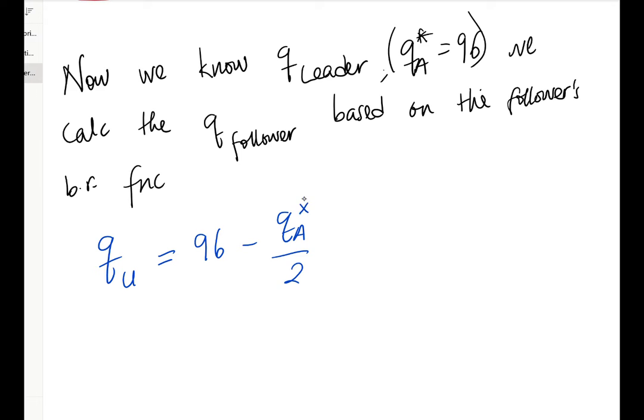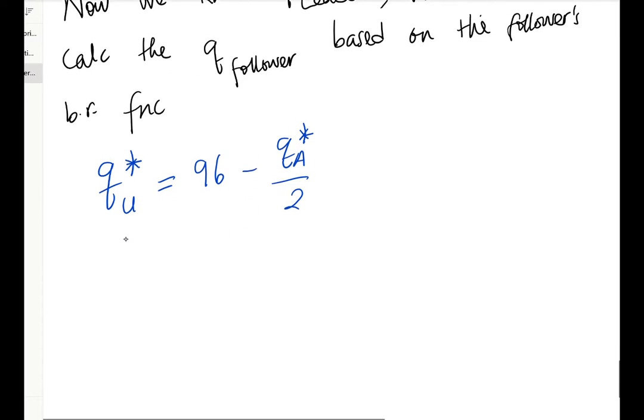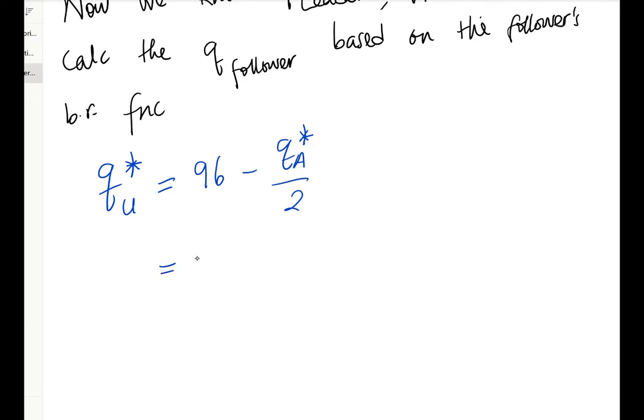Once I put in the profit maximizing QA, so QA star, that makes this the profit maximizing quantity for the follower, United. So this would be equal to 96 minus 96 divided by 2, which is 96 minus 48, which ends up being 48.